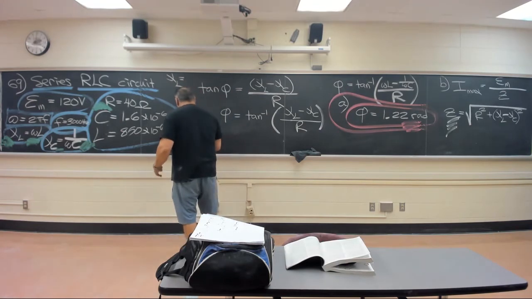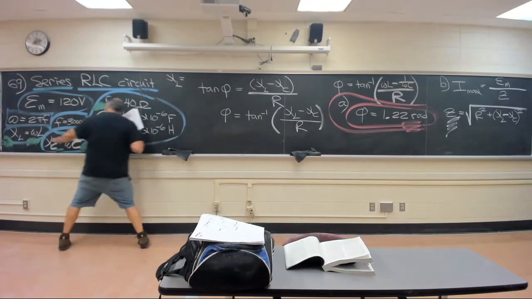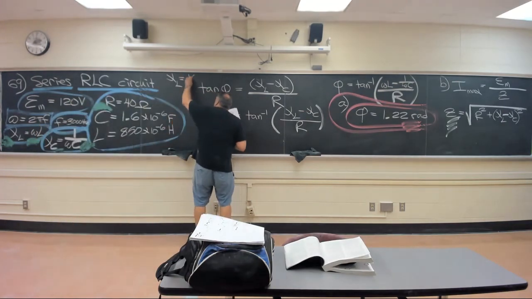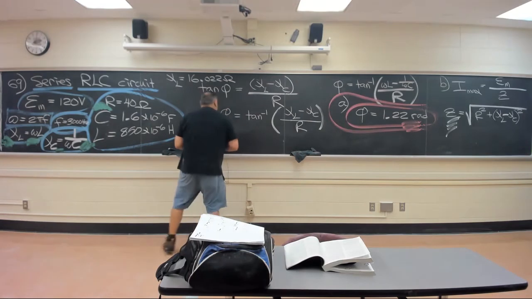X sub L I said was going to be in the ballpark of 17 ohms. It's actually 16.022.